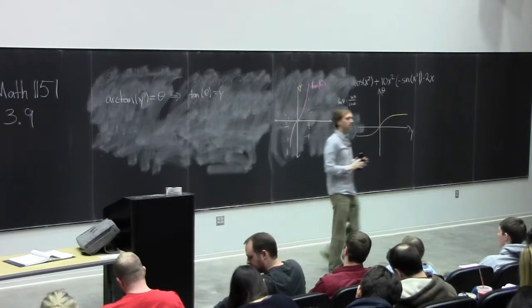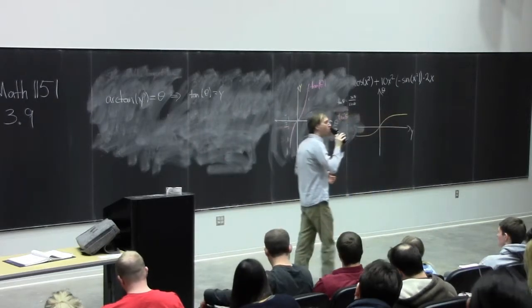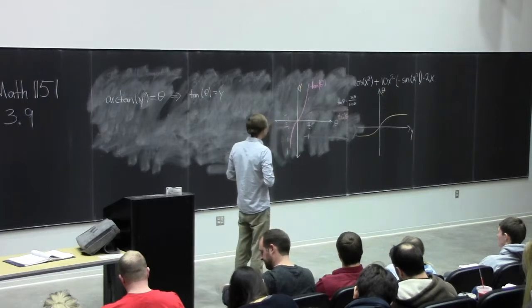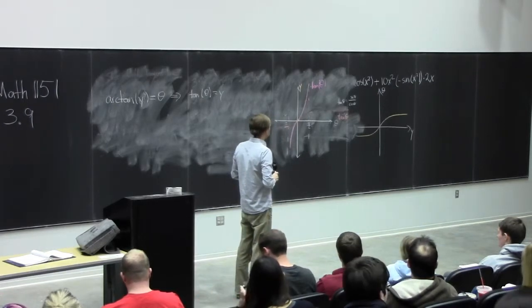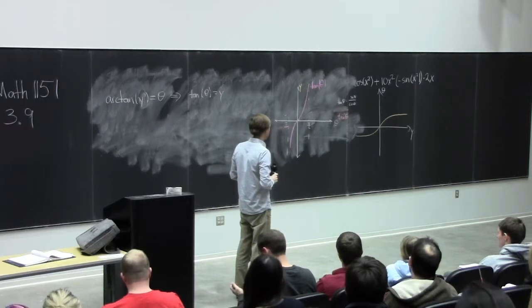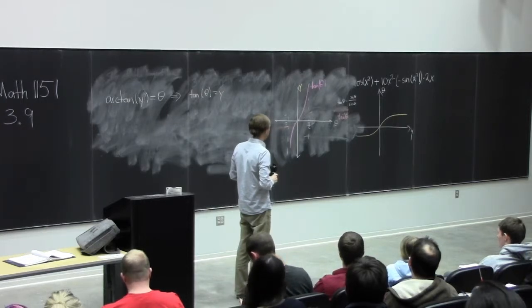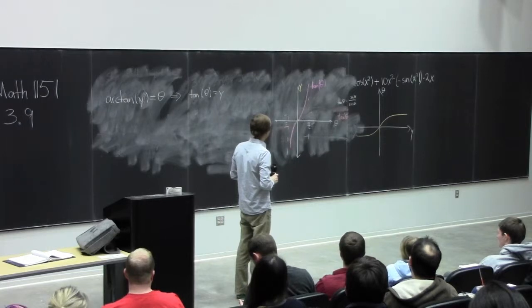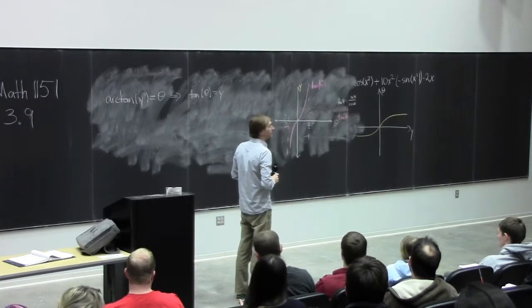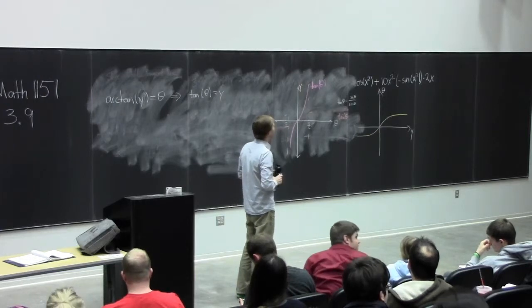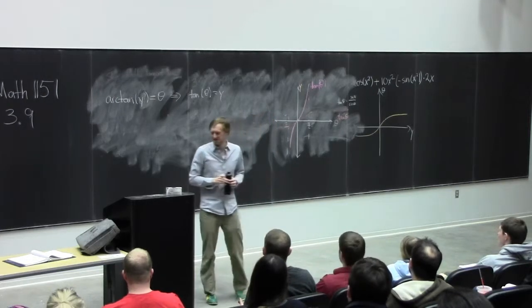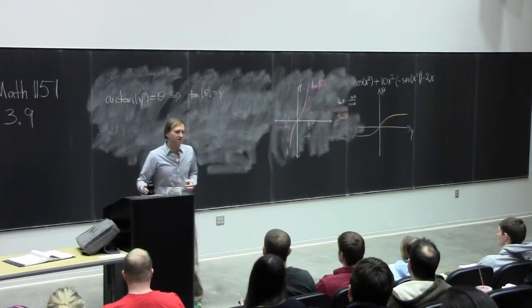Your graph of tangent theta goes up the y-axis, and then the graph of arctangent theta is also going up the y-axis. Did you just redraw tan theta on the side? I did.